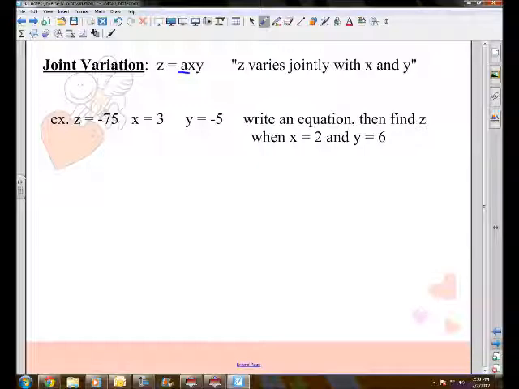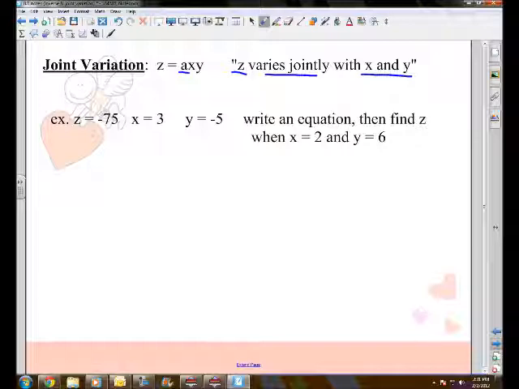Okay, so we've now got a third quantity. We've got x, y, and now z that we're going to use as our variables. We're going to say that one of these variables, z, varies jointly with x and y. Now this will be a product of x and y, as we see here, x times y. So z varies jointly with x and y, or with the product of x and y.